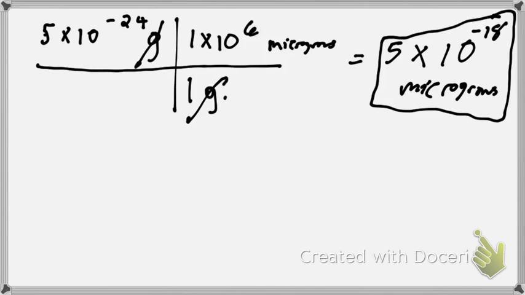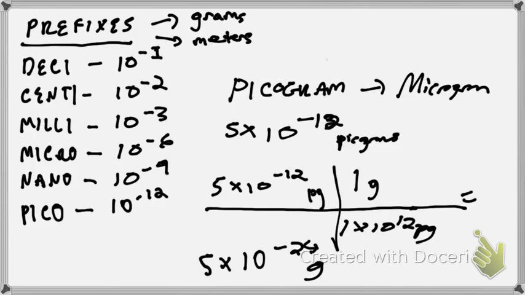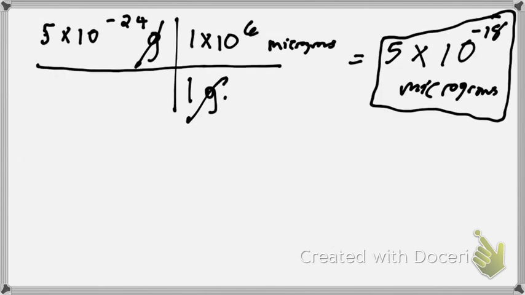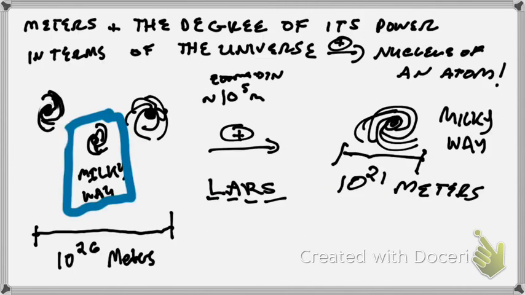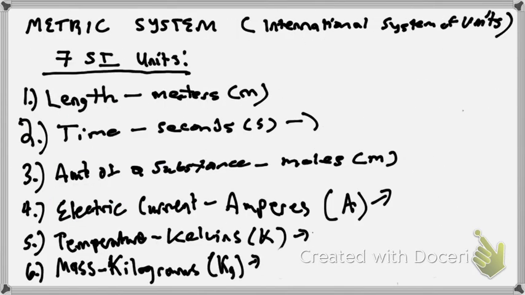So now you understand why it's very important that we memorize this table right here. It's very important that we know how to convert between the different units of grams and the different units of meters. That's why I wanted you guys to learn that first, or even look at it, because it's going to be very important when we start getting into Newton's laws and translational motion.